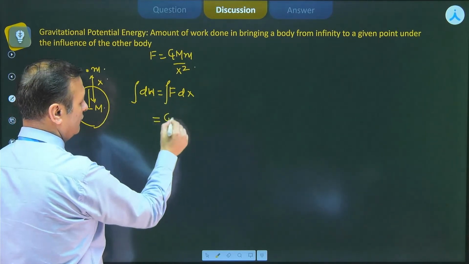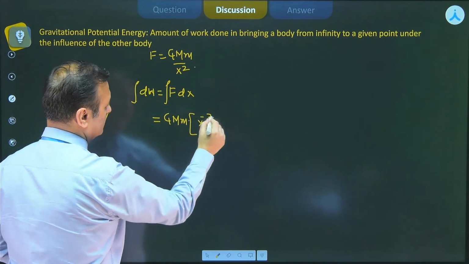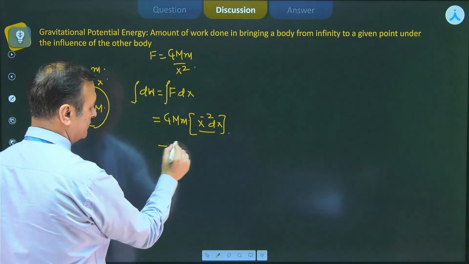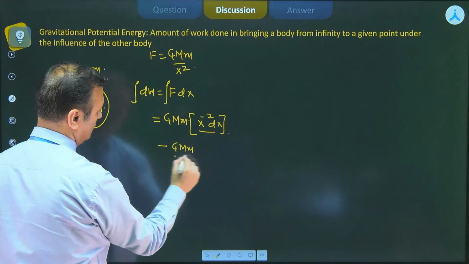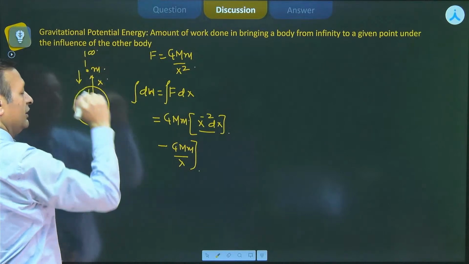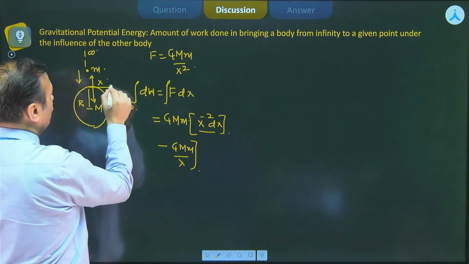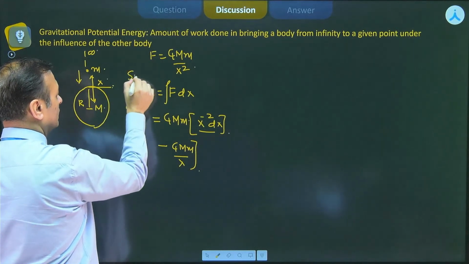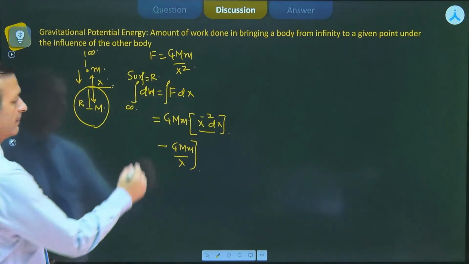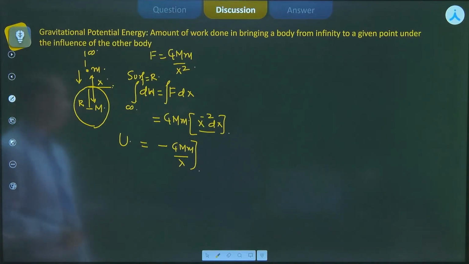What is the formula for this? G M m by x square integrated gives me minus 1 by x. Now if I define this point as infinity, the work done from infinity to the surface, where the position at the surface is r, is basically the concept of gravitational potential energy.